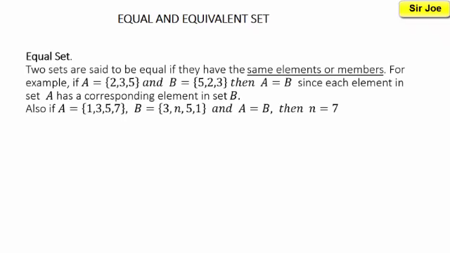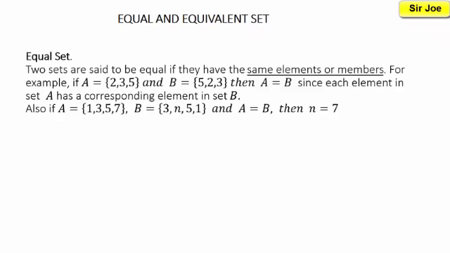Now let's move on to equal and equivalent sets. Let's see what an equal set is. Two sets are said to be equal if they have the same elements or members. For example, if A equals {2, 3, 5} and B equals {5, 2, 3}, then A equals B. You all agree with me on that?